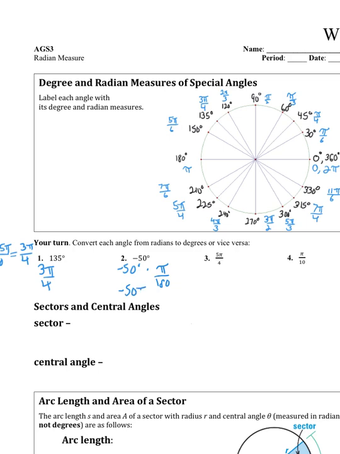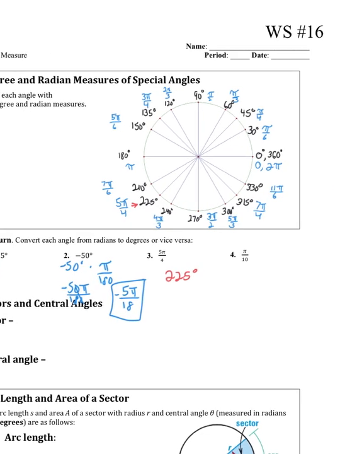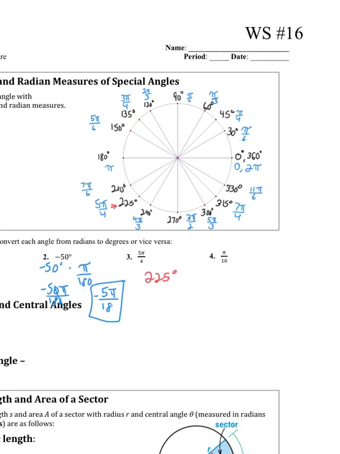And I get negative 50 pi over 180, divide by 10, and I'm going to get negative 5 pi over 18. That'd be problem 2. Problem 3, 5 pi over 4. I'm going to check my table. There it is. 5 pi over 4 is the same as 225 degrees. Save myself a little bit of time there. Problem number 4, pi over 10.